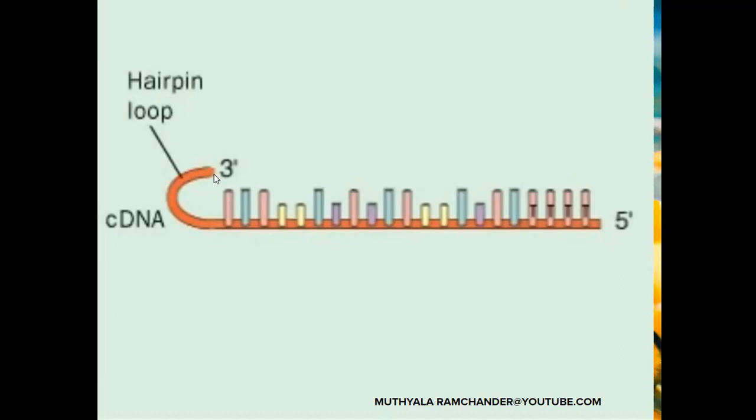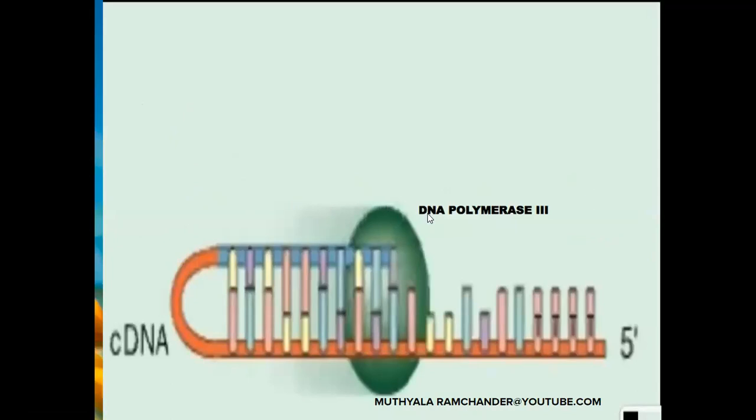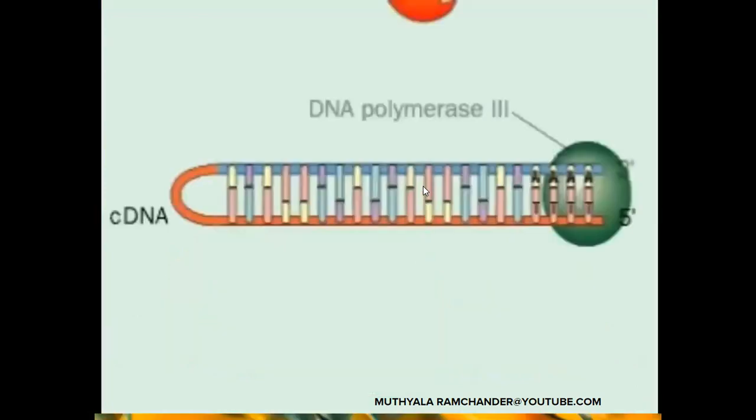If the hairpin loop-like structure is identified on the cDNA 3' end, we apply DNA polymerase 3 enzyme on this cDNA strand. The DNA polymerase 3 synthesizes a new second strand of DNA, making double-stranded DNA.